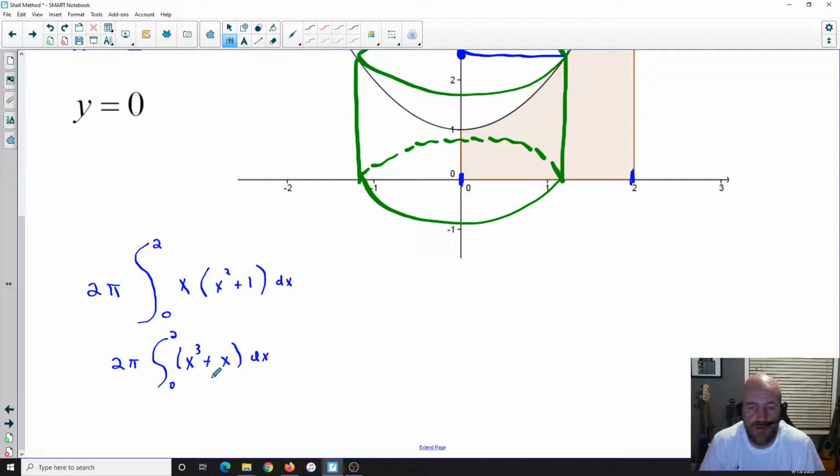The antiderivative of x to the third is x to the fourth over 4. The antiderivative of x is x squared over 2. And we're evaluating that from 0 to 2. And we're just going to go ahead and multiply that by 2 pi at the end.